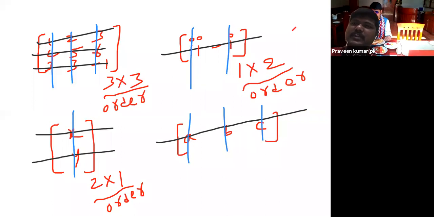So what is the order of this matrix? 1 row, 3 columns. 1 cross 3. I hope everyone is understanding what I am explaining to you. Yes, write these 4 examples. Anyone having any doubt regarding rows and columns? Just raise your hand, I can repeat the things, okay? First rows, next columns.